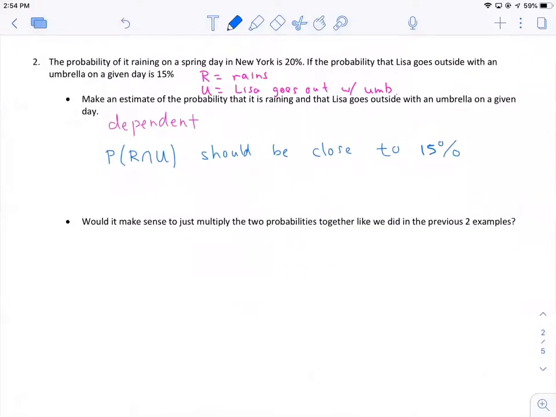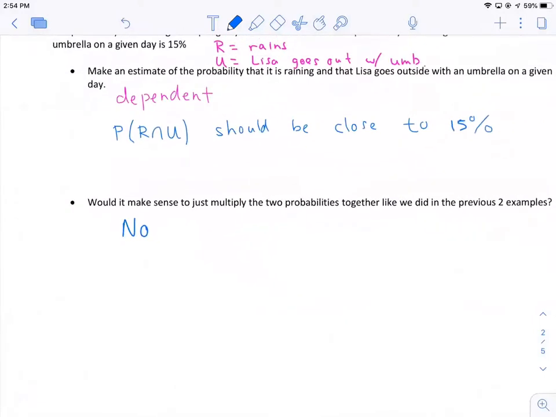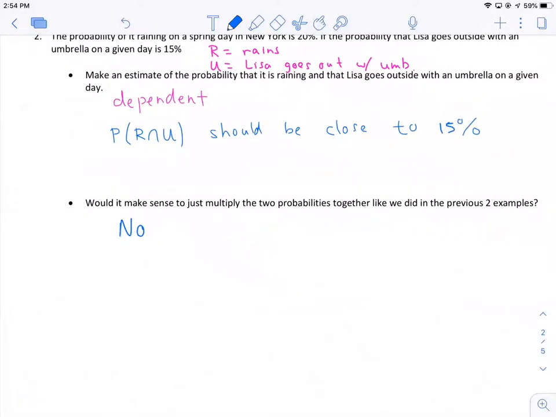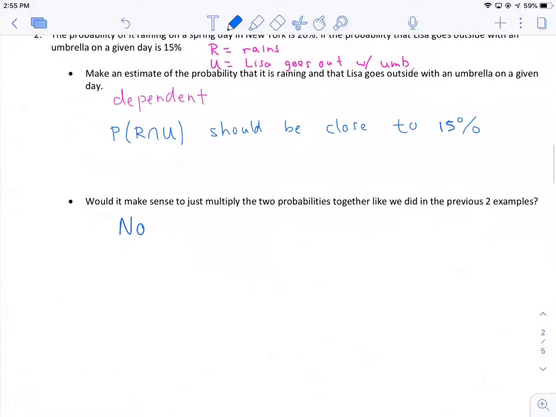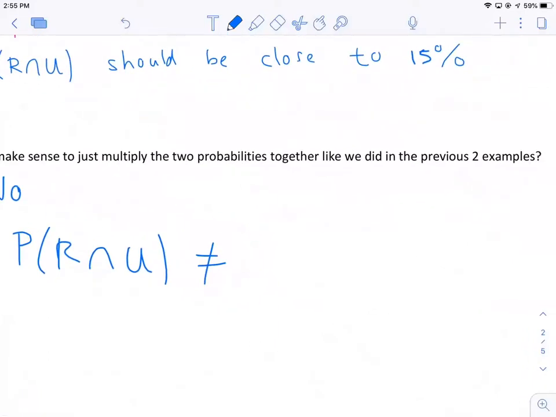So would it make sense to multiply the two probabilities together like we did in the previous two examples? No, and that's because the events aren't independent. And also, if we just think about it logically, the probability of it raining and that she carries an umbrella is not going to equal 3%.